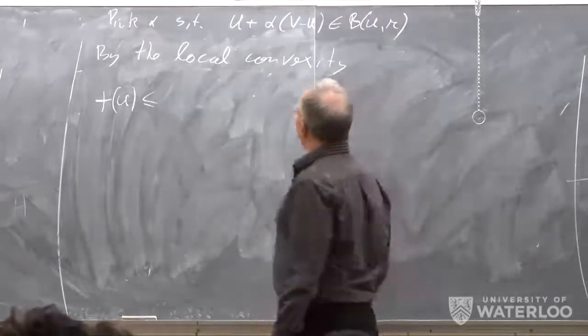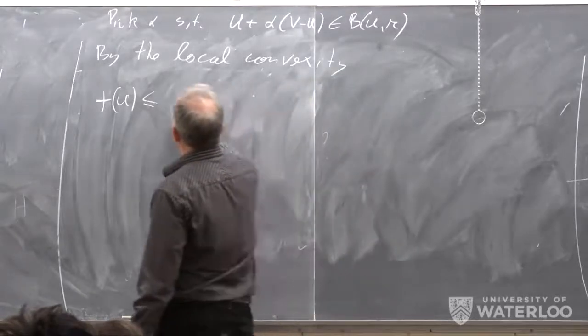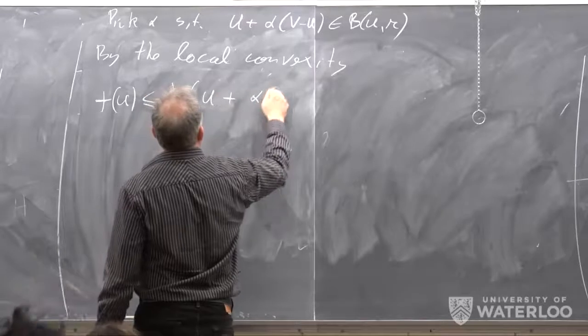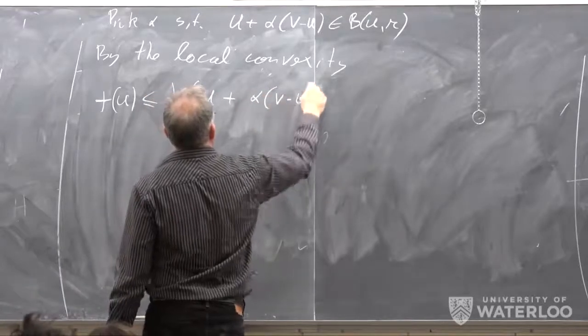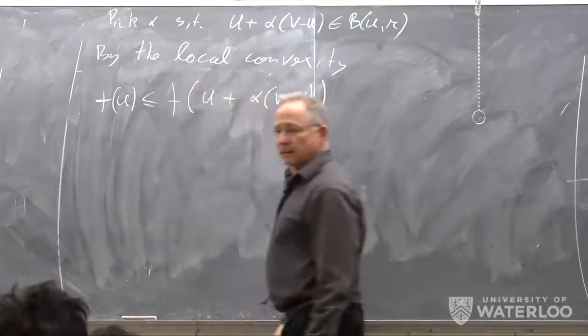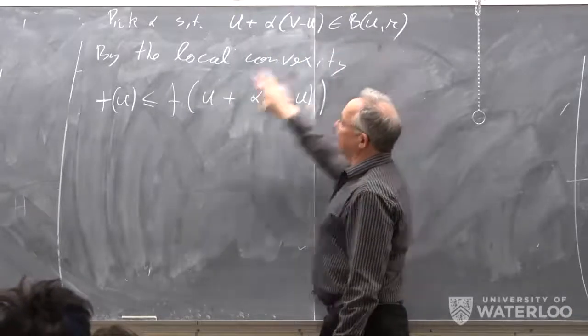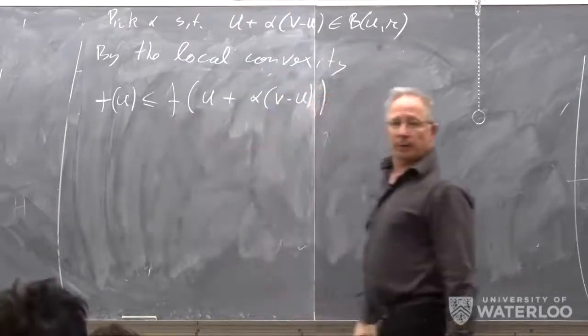Okay, so now I know that f of u is less than f of u plus alpha times v minus u, because this point is in the ball, and f of u is the minimum in the ball.